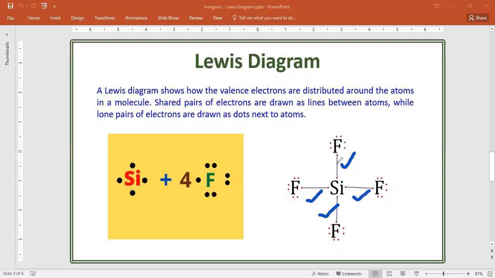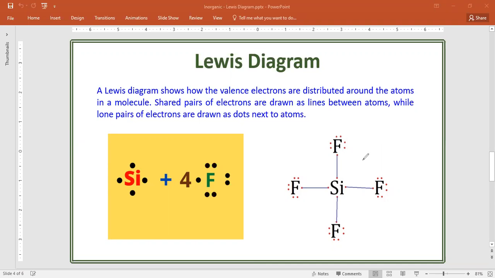Then why is silicon at the center? We are aware that silicon, compared to fluorine, is the least electronegative.